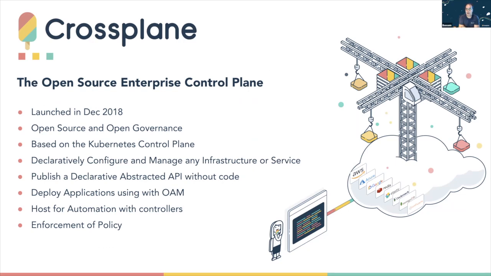We started with the Kubernetes control plane, as you saw with Kelsey's demo. We didn't want to rebuild a ton of the great work that has happened already in Kubernetes. If you think about it, Kubernetes is a control plane that came out of Google's Borg, which is the control plane running Google infrastructure. And so it's in some ways supportive of what I was just talking about in terms of cloud platforms centralizing on control planes.